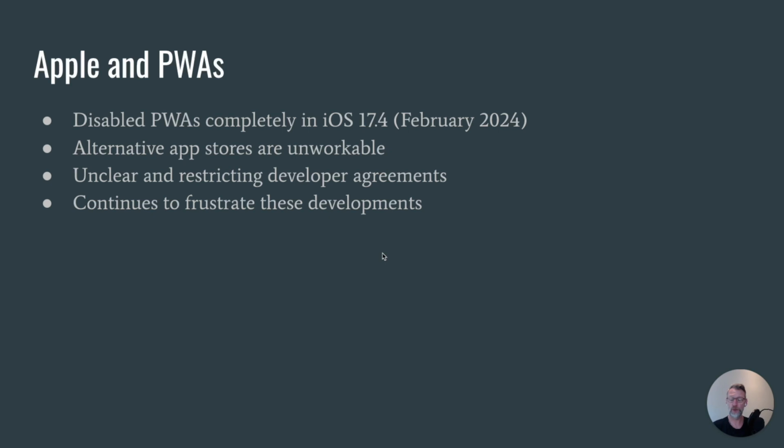So in summary, you could say that Apple continues to frustrate these developments. I think that in the end they will comply with the Digital Market Acts. They have already been fined by the EU for a staggering 1.8 million euros, which may not be that much money for Apple, but it will surely hurt. And of course, if they will keep up with this stuff, then they will be fined.